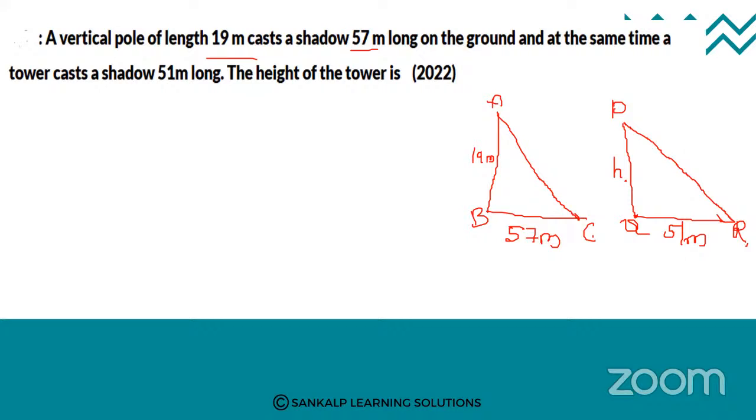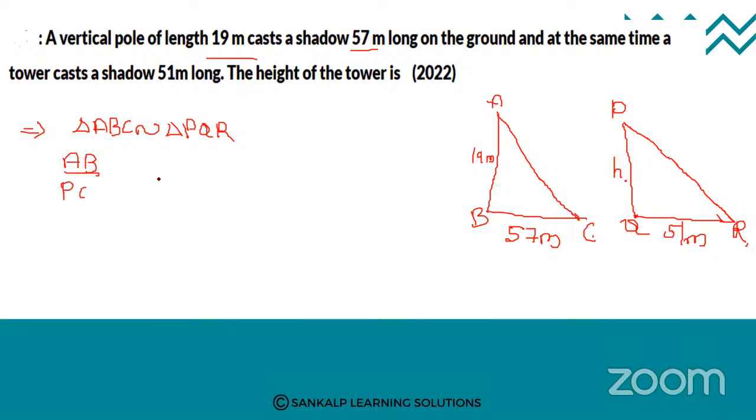For that, see here, triangle ABC is similar to triangle PQR. So they are similar, right? So AB divided by PQ. Why?